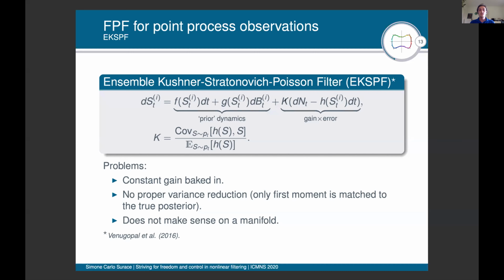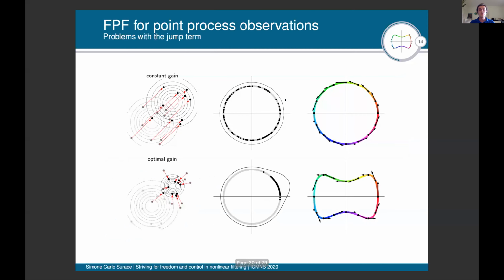And another reason why the constant gain could be seen as problematic is that on a manifold, it's really not clear what it means for the gain to be constant. So I'll briefly illustrate this with this figure. First of all, the particles simply get shifted. And what you would like to have is something that also takes into account the reduction in uncertainty in response to an observation.